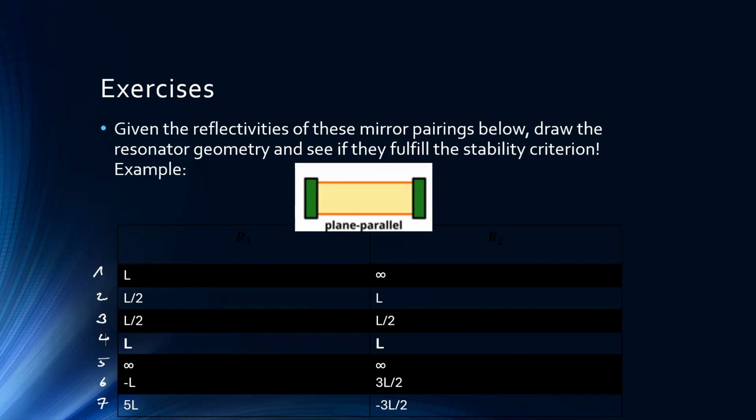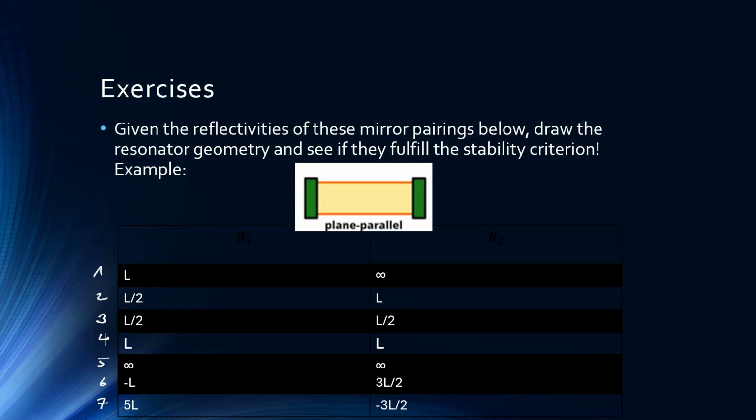I would like you to figure out what this geometry looks like, draw it, something like this, and then also check if they fulfill this stability criterion, which is the one I've written over here. Just as an example, we've already talked about the plane parallel resonator, which is case 5 here.